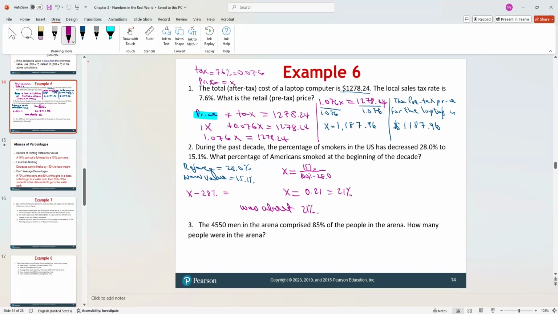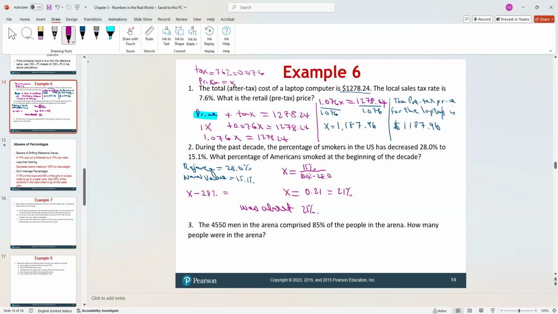So there are different ways of computing the same thing, because here we try to solve real life problems. Those are things you would probably see, and we would see those types of exercises all the time. Like the other one: the 4,550 men in the arena comprise 85% of the people in the arena.